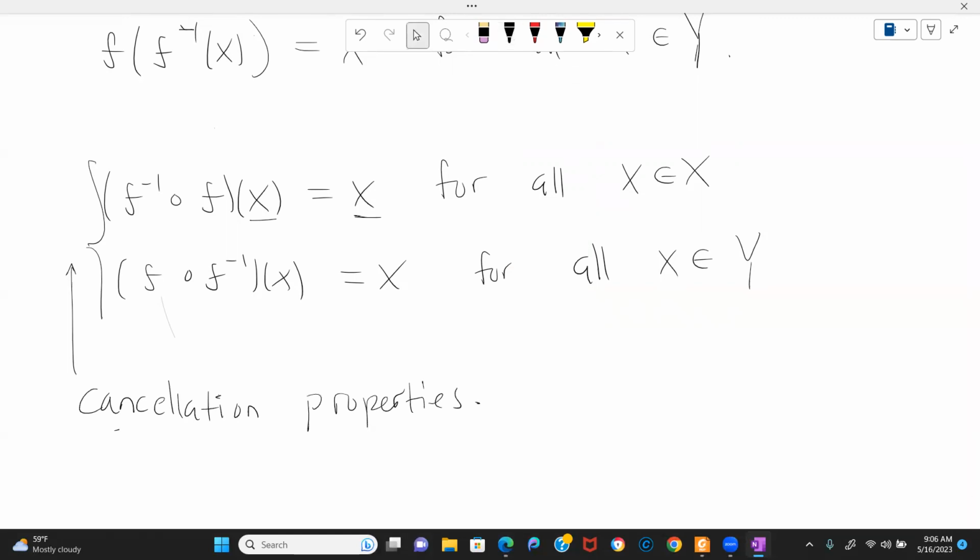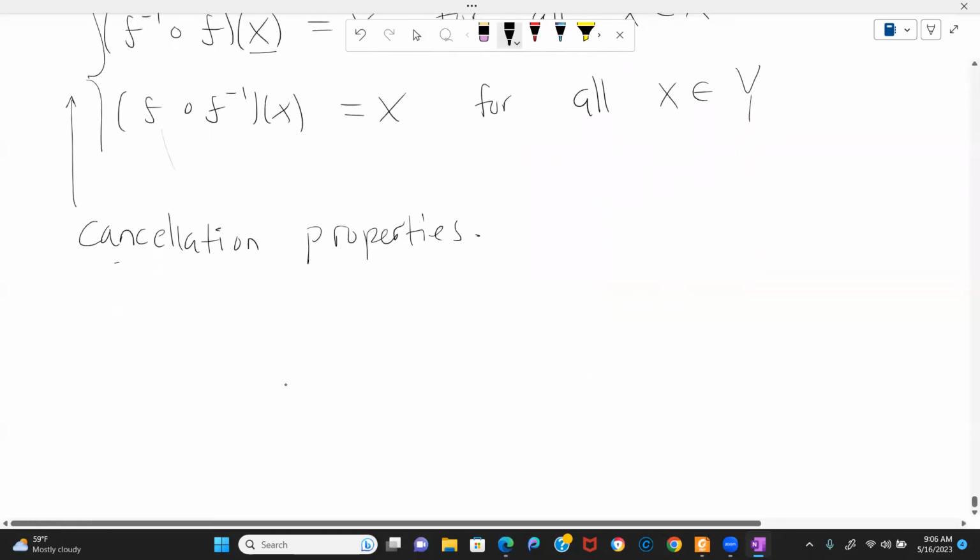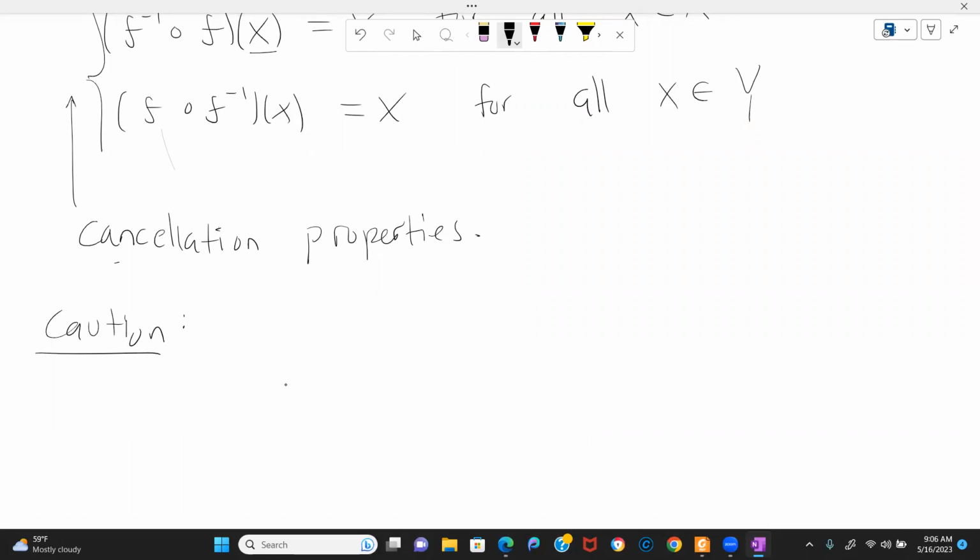All right, before I go into examples, I just want to point something out. There's a caution, a pitfall that some people fall into. The negative one in this string of symbols right here, the inverse function, is not an exponent.